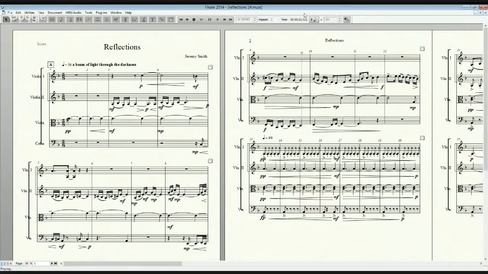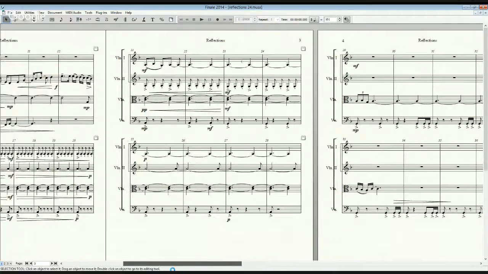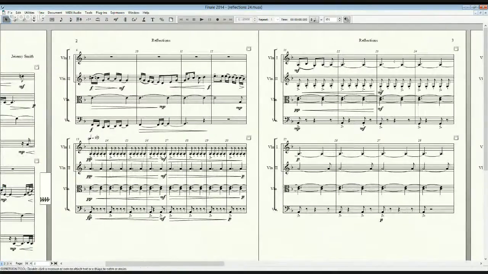Oh, yeah. One, two, three, four, five. Yeah, like that. That seems slow. What was it, 190 BPM?